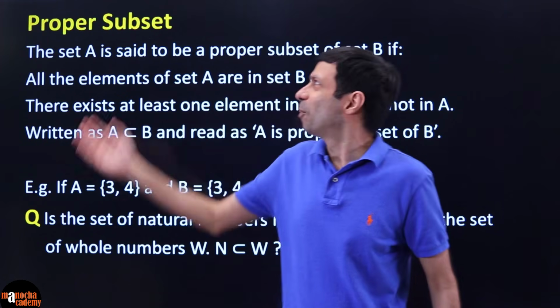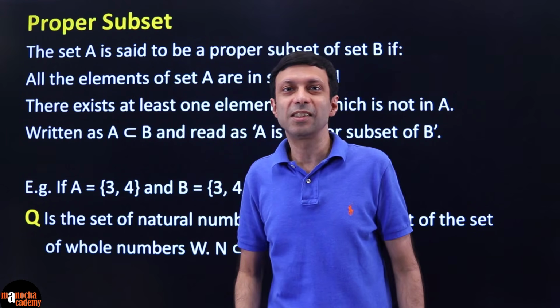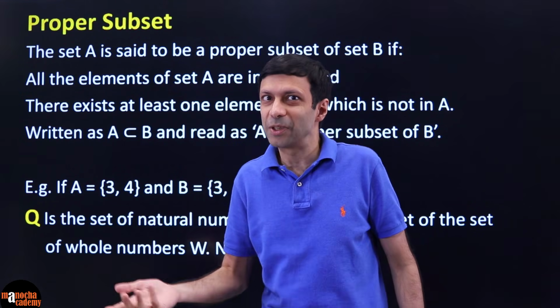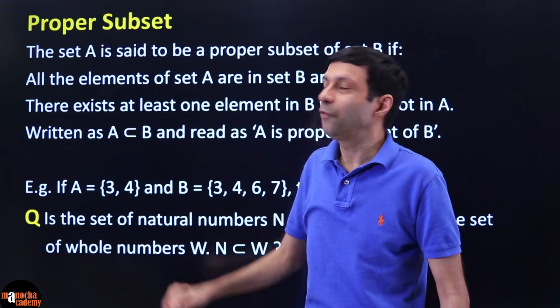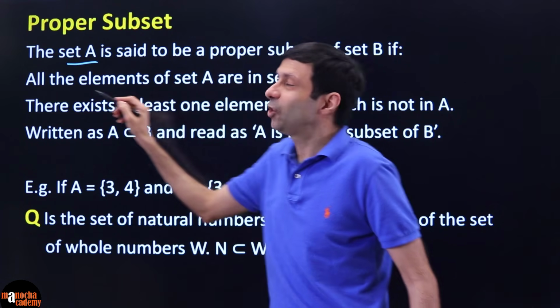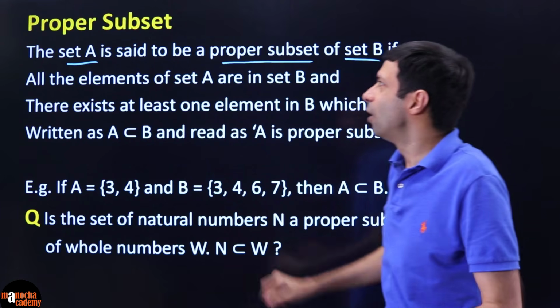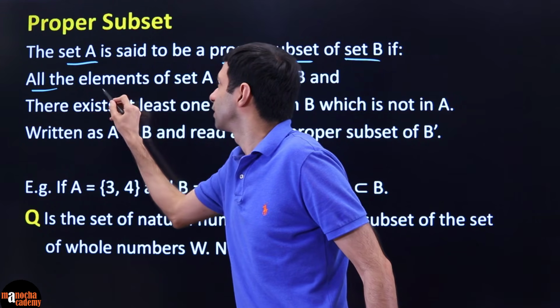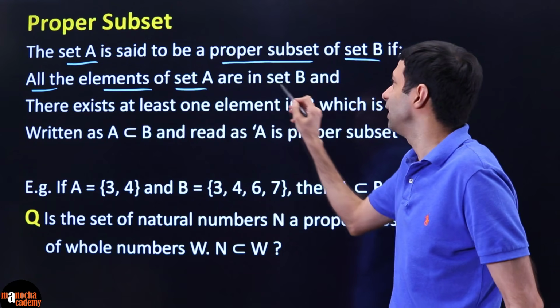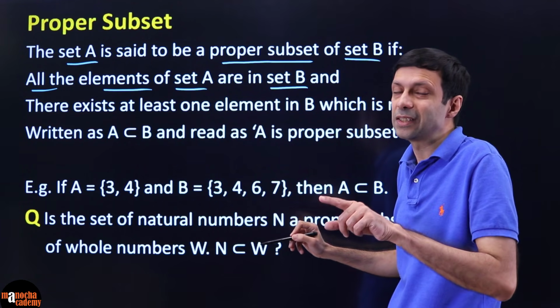Now let's look at proper subsets. So what is the difference between a subset and a proper subset? Let's take a look. If you take a set A, it is said to be a proper subset of the set B if all the elements of set A are contained in set B. That was what we discussed in subset.